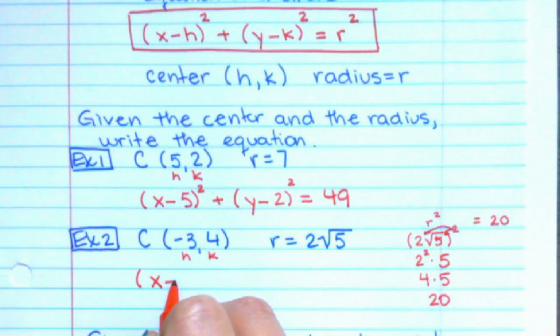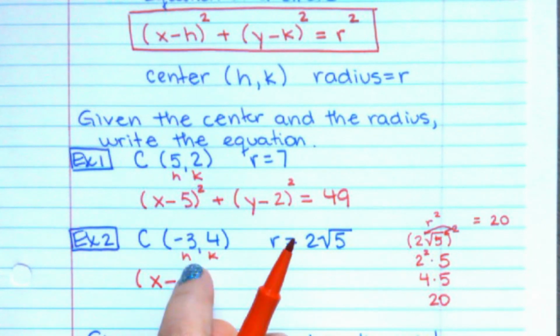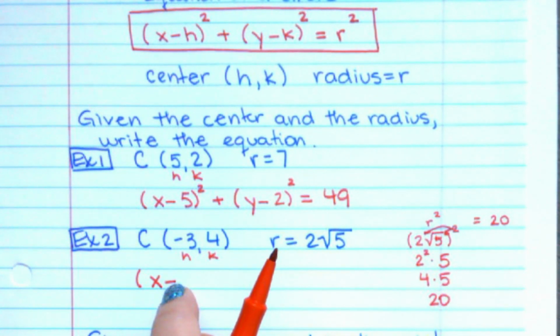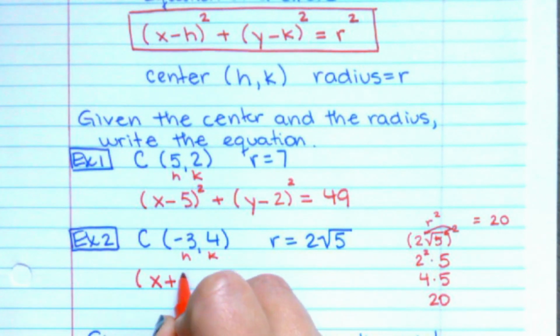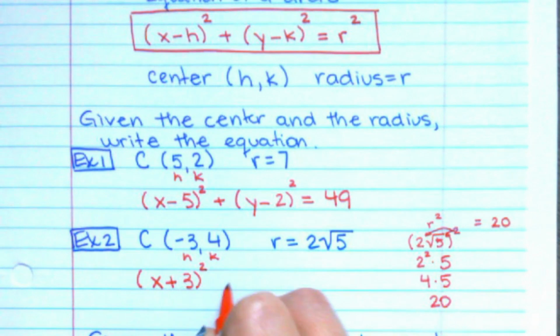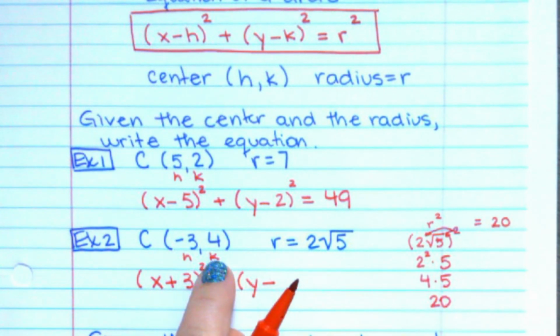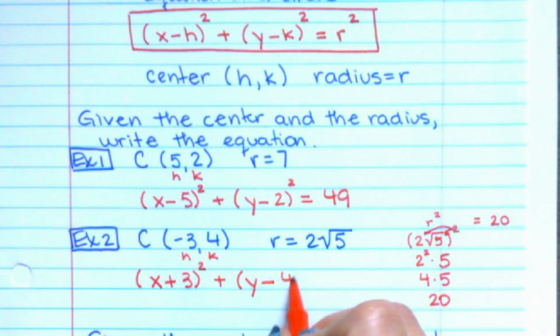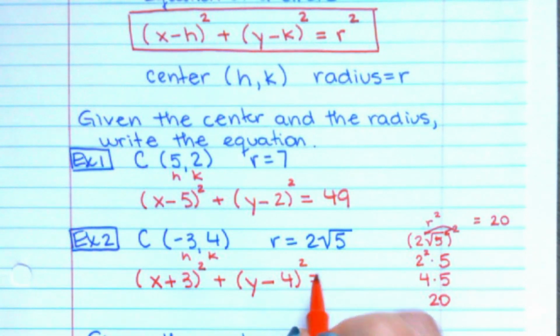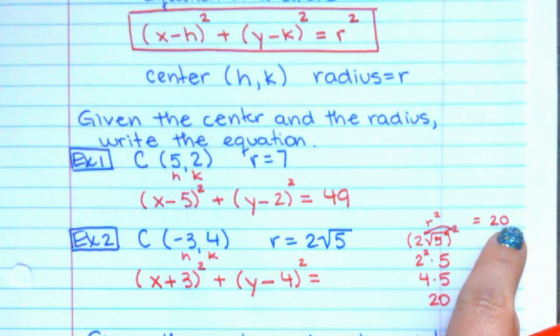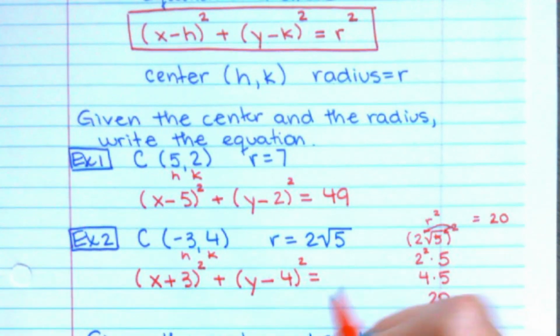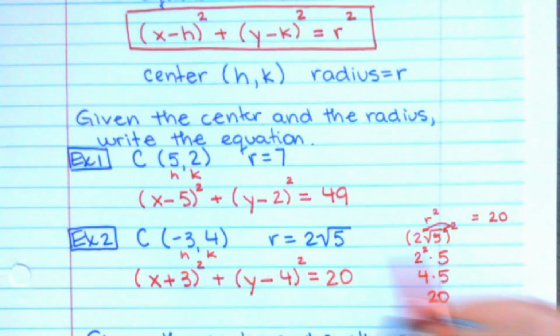So X minus H is negative 3. Minus is from the formula, so 2 negatives make a positive. So squared right there, plus Y minus K is 4, squared equals R squared that I just found right here before we even started. So 20.